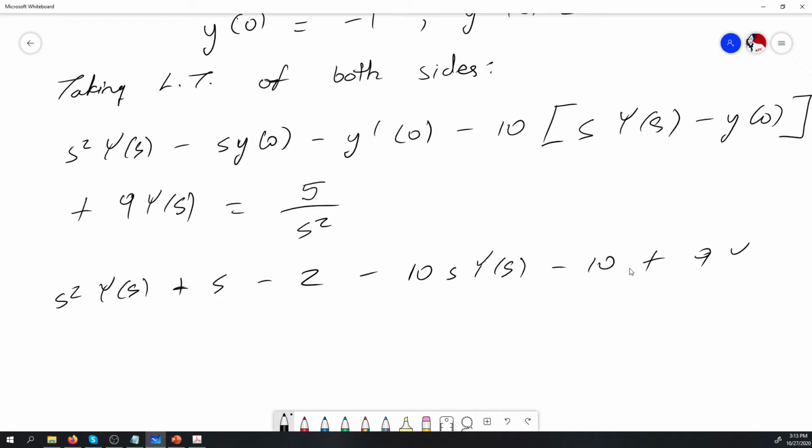Plus 9Y of s is equal to 5 on s squared.